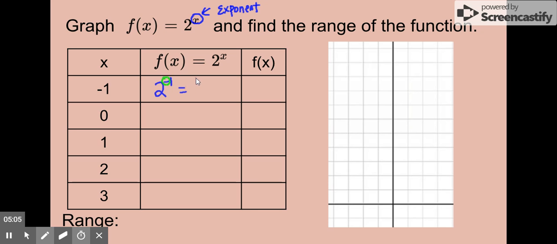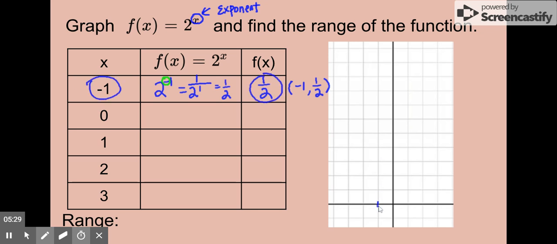The negative means 1 over. It doesn't mean you put a negative in front. So 1 over 2 to the first power, 1 over 2. So f of x is 1/2, which gives us this coordinate.